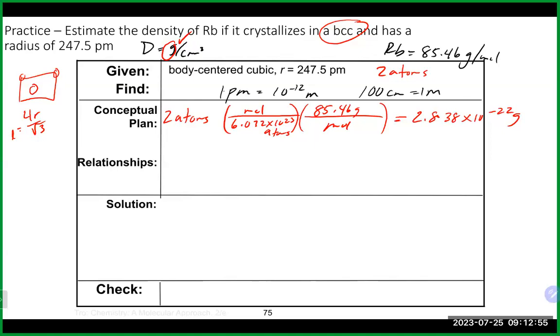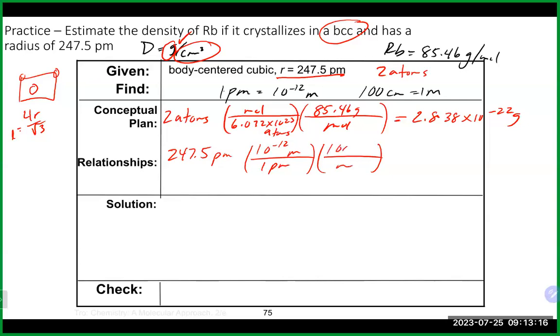Bottom part is again going to come from our radius. And once again, I'm going to do the conversion up front to get me into the right units. So that's going to be 247.5 picometers. In a picometer, we have 10 to the minus 12 meters, and in a meter, there are 100 centimeters.